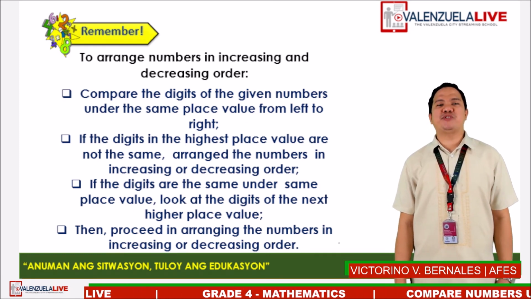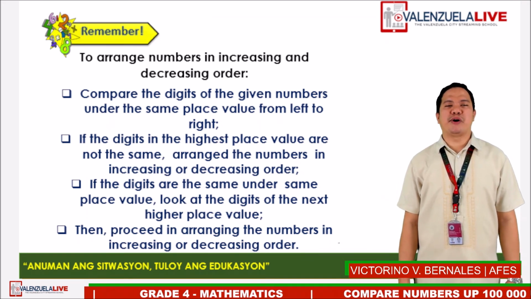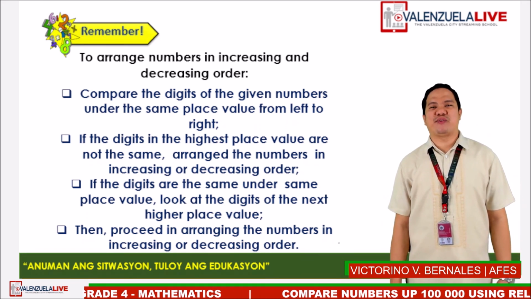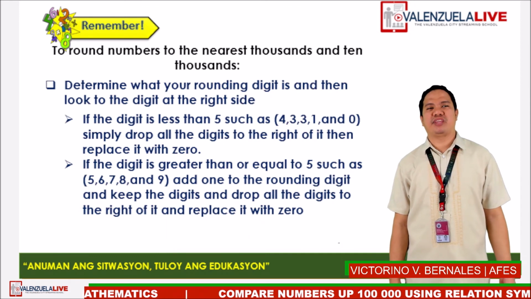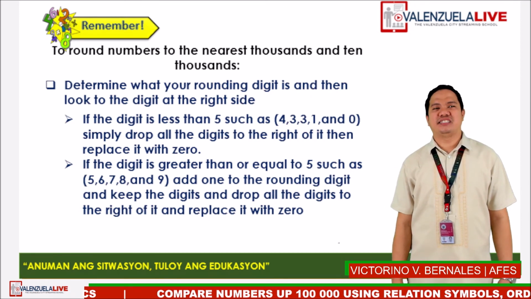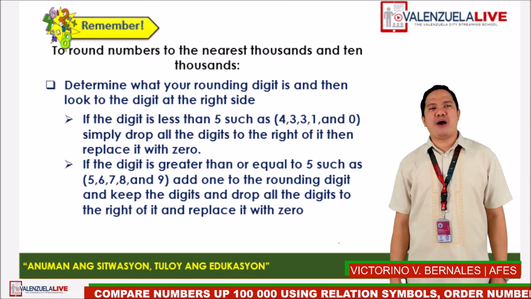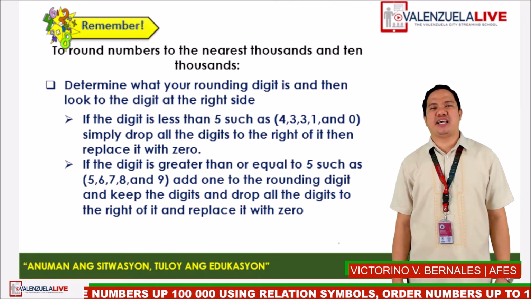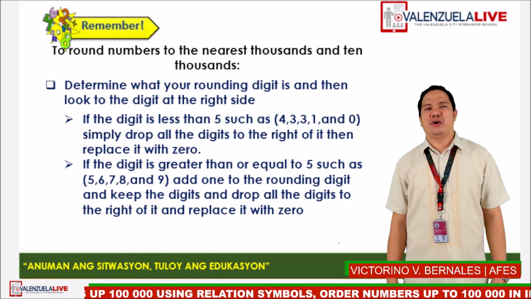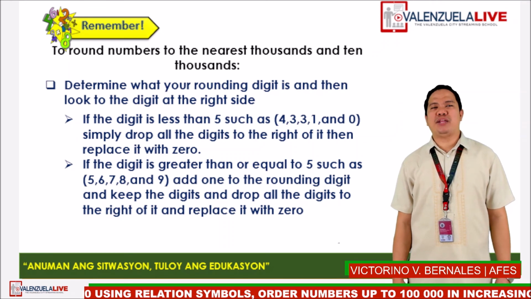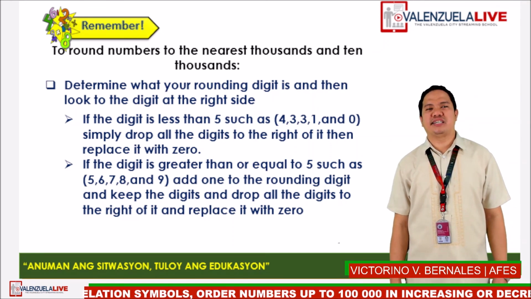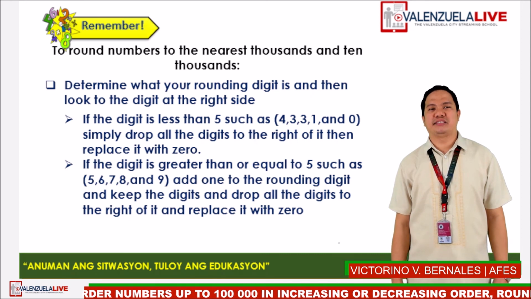Then we can now proceed in arranging the numbers in increasing or decreasing order. Then, remember to round numbers to the nearest thousands and 10,000s. We have to determine what your rounding digit is and then look at the digits at the right side.